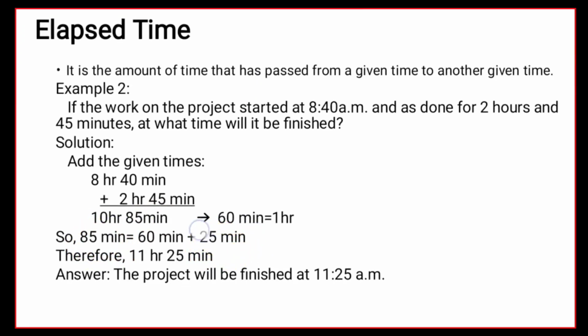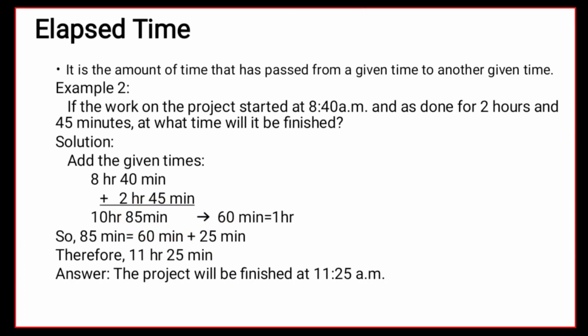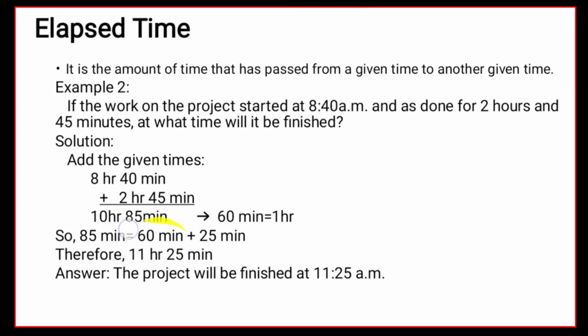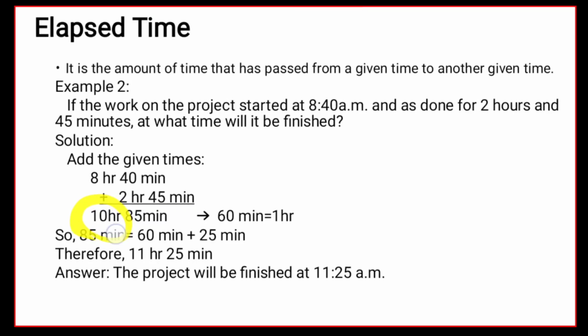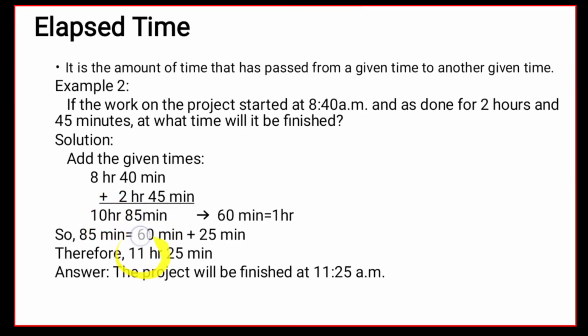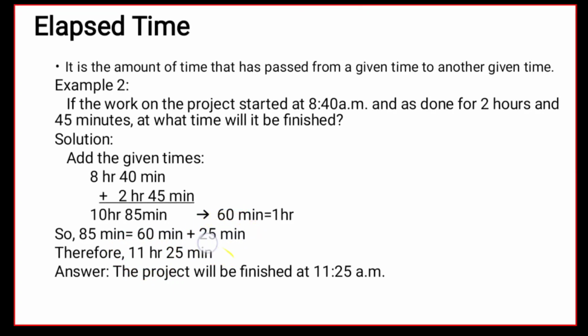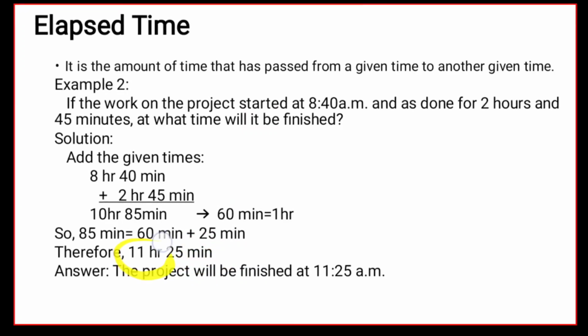This 60 minutes will become 1 hour, and we will add that to 10 hours. So 1 hour plus 10 hours is 11 hours. Then copy 25 minutes. So we have 11 hours and 25 minutes.